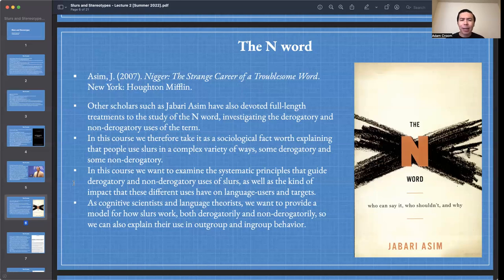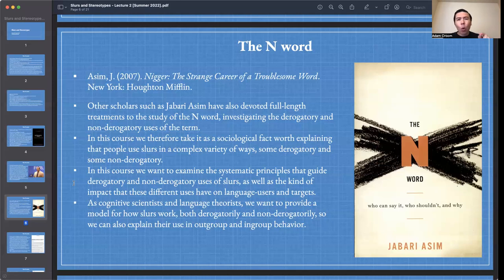As cognitive scientists and language theorists, we want to provide a model for how slurs actually work, both derogatorily and non-derogatorily. So we can also explain their use in outgroup and in-group behavior, okay? This is not only important as linguists, but also as cognitive scientists, right? Because as cognitive scientists, we want to gain insight into not just the meaning of words, but cognitive function and behavior.